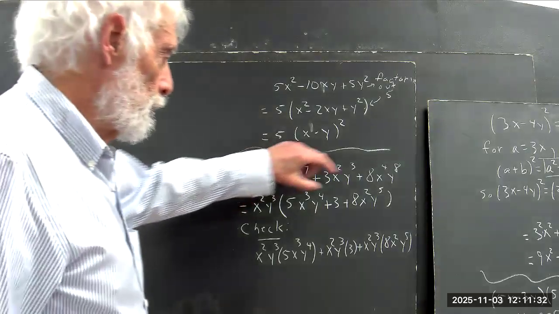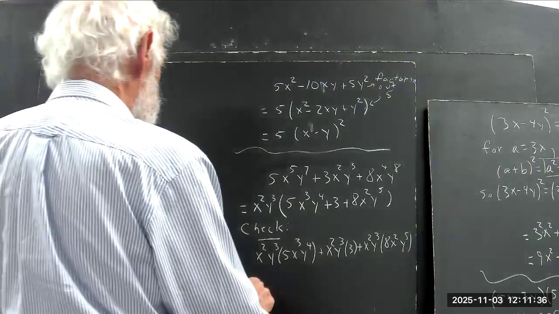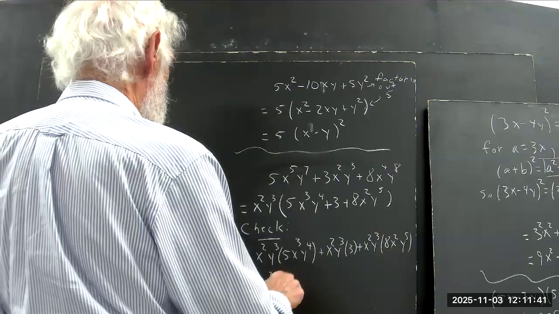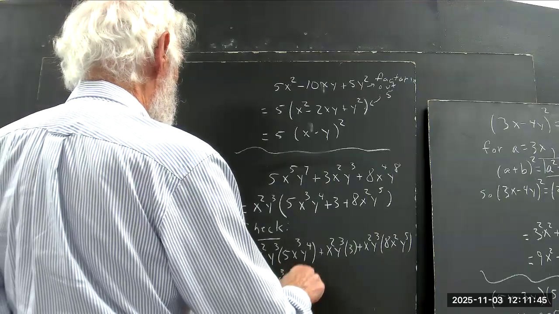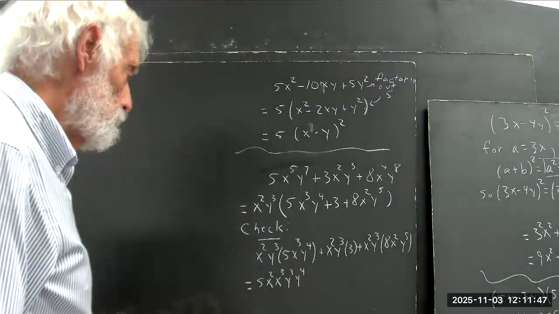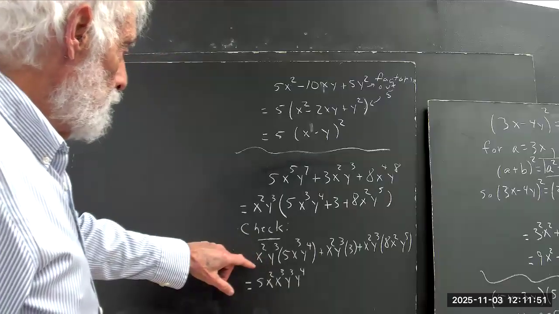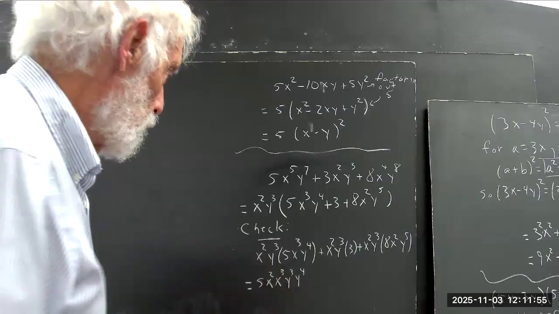And we have x squared y cubed multiplied by this last term. We can multiply the individual terms out. We have an x squared times an x cubed. We have a y cubed times a y to the 4th.